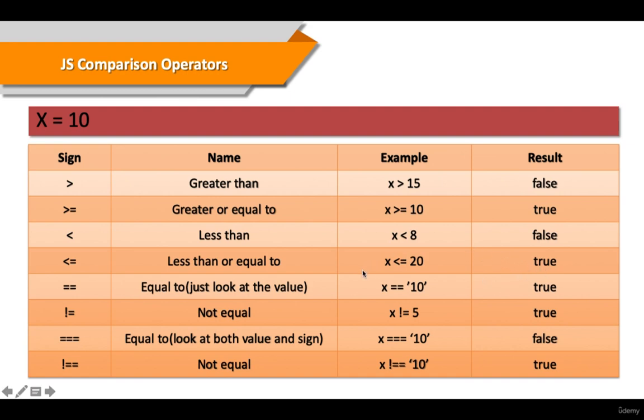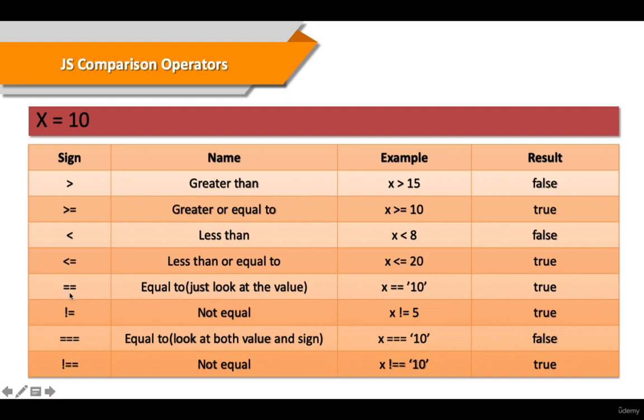Now, the next four here are a little bit different. They cover equality and non-equality. So it's how we check if x is actually equal to the number 10, or if x is equal to that string 10, or is x anything but the number 5. Okay, so this is basically how we check for equality. One thing you'll notice, though, is that there are two ways to check for equality.